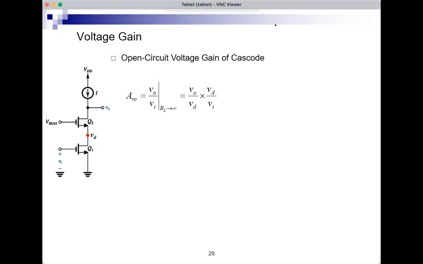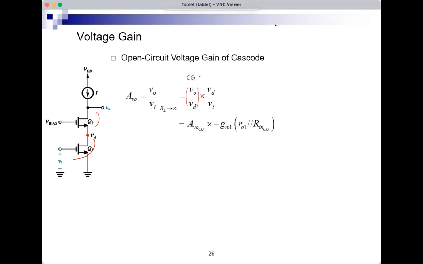Why did I introduce VD to find VO over VD and then VD over VI? Because VO over VD would be the gain of Q2, and VD over VI would be the gain of Q1. And I know I have expressions for gain, for common gate and for common source. So VO over VD is the gain of the common gate stage.